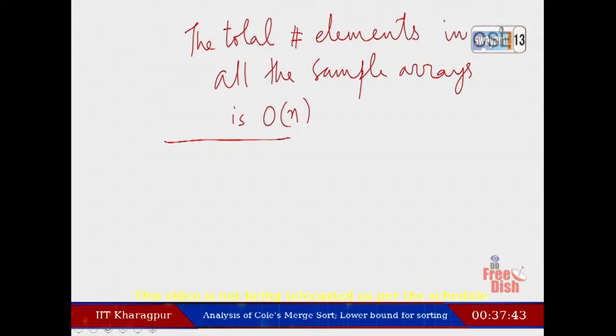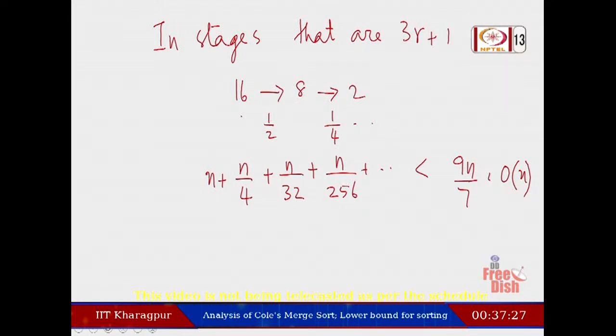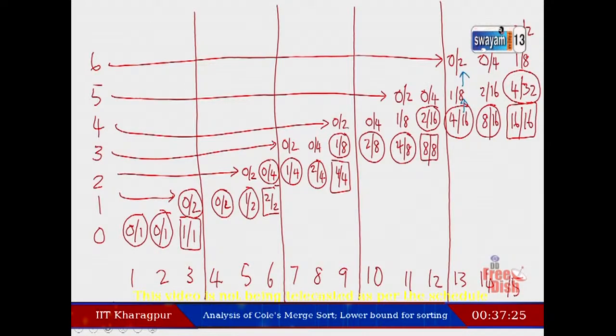So this part I am leaving to you as an exercise, and I would also like you to do this formally. Write a formal proof. Here of course we have looked at this example and generalized from this, but formally prove that in all stages that are numbered with multiples of 3, the cache sizes would decrease by a factor of 4 as we go up, and similarly for the other stages.